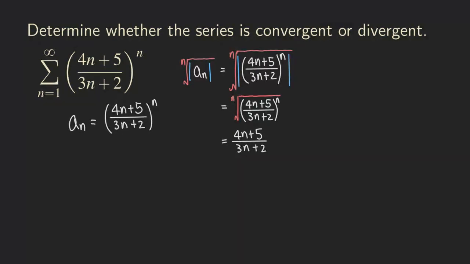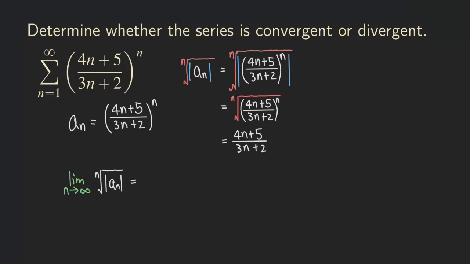So now what do we need to do? We're going to take the limit of this. The limit as n approaches infinity of the nth root of the absolute value of a sub n. So that's what the root test is talking about, right?